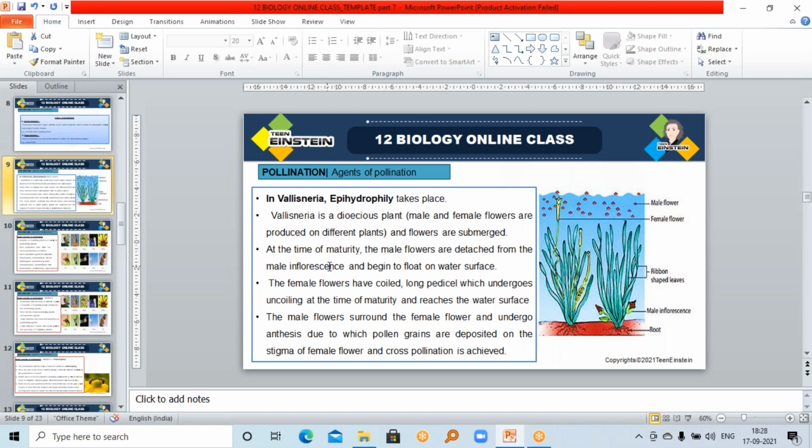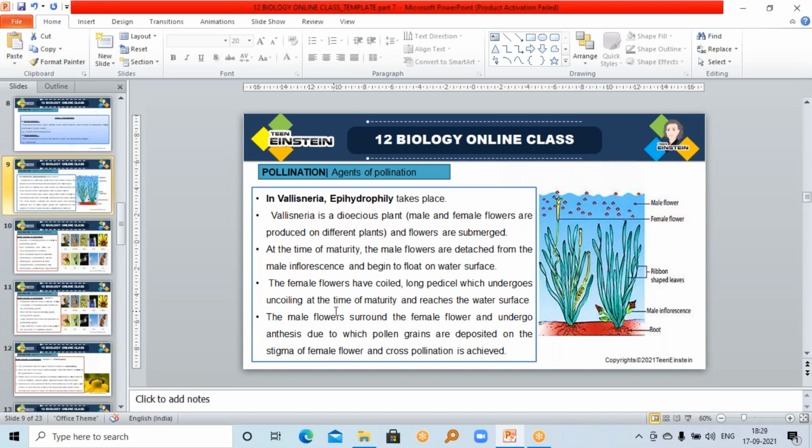So we know hypohydrophily and epihydrophily, and just now I said Vallisneria is an example for epihydrophily. In Vallisneria, you can see the picture here, epihydrophily is taking place, that means above the water surface pollination is taking place.